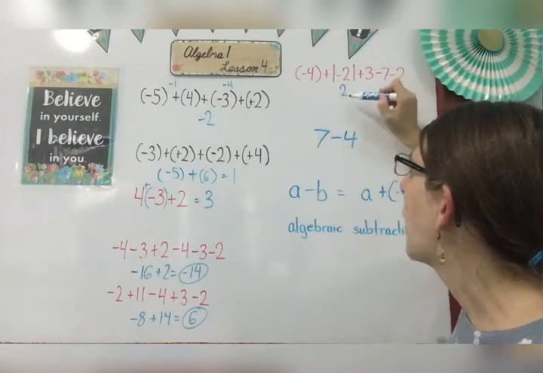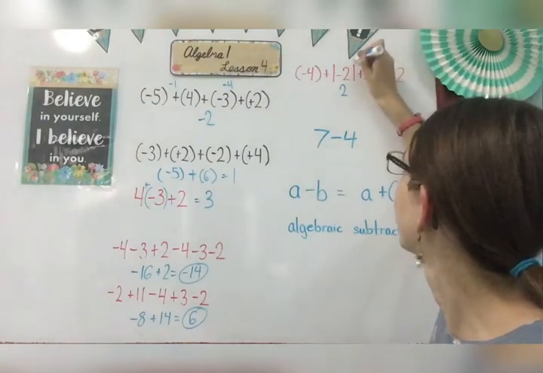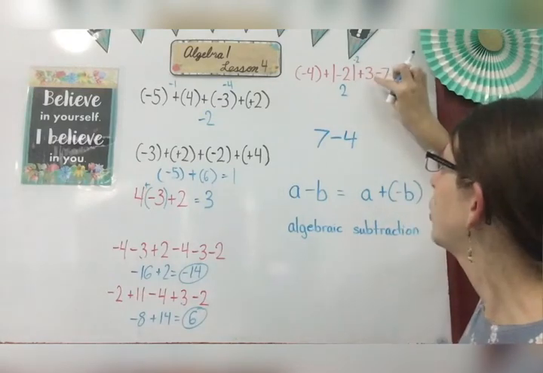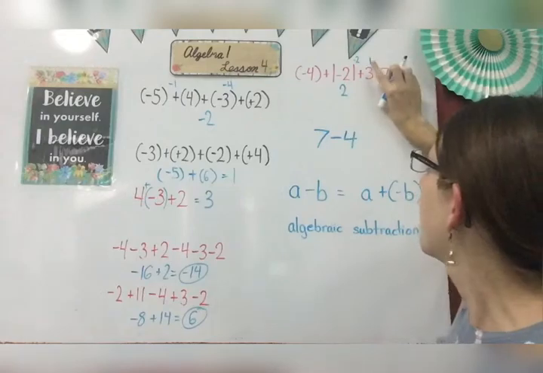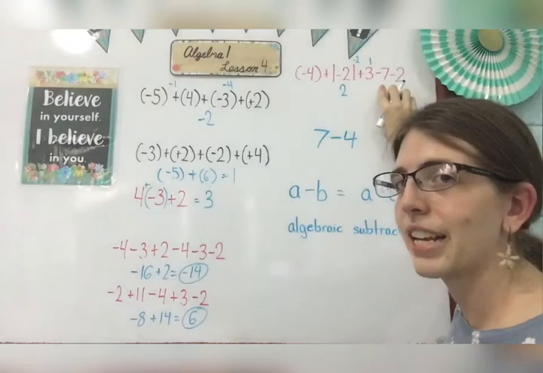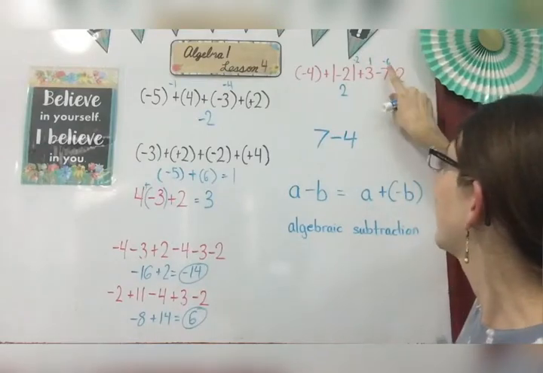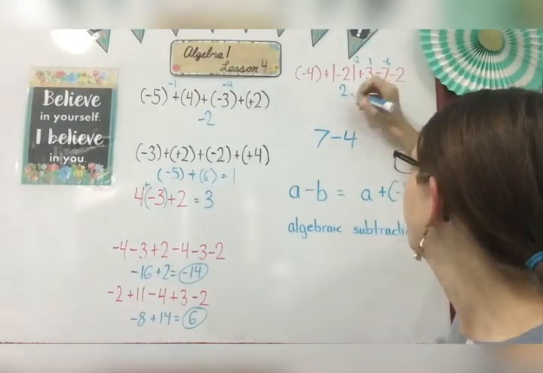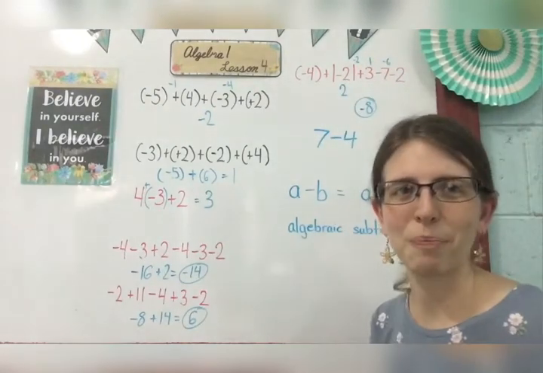Negative 4 plus 2 is negative 2. Negative 2 plus 3 is positive 1. Positive 1 plus a negative 7 is negative 6. Negative 6 plus a negative 2 is negative 8. And there's your final answer.